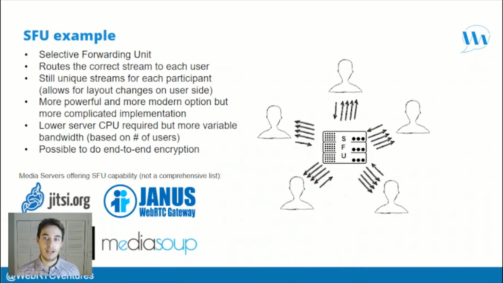What this allows is a reduction of CPU usage on the server side, but in exchange requires a little bit more CPU usage on the client side. This is a very popular approach used today, and it also allows for end-to-end encryption. There are many popular open source SFU media servers, Jitsi is just one of them, Janus, LiveKit, and MediaSoup. All of those are pretty popular.